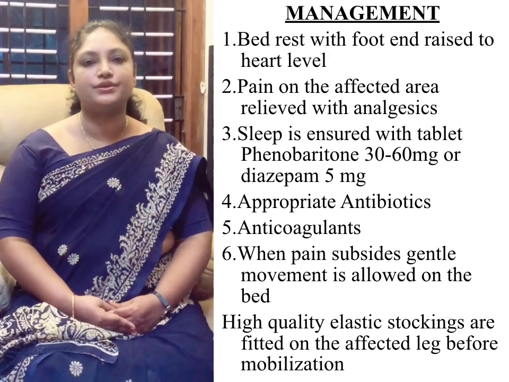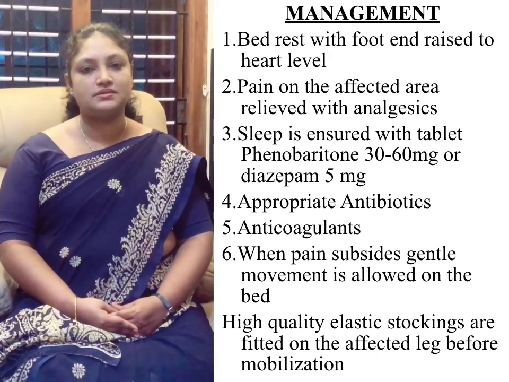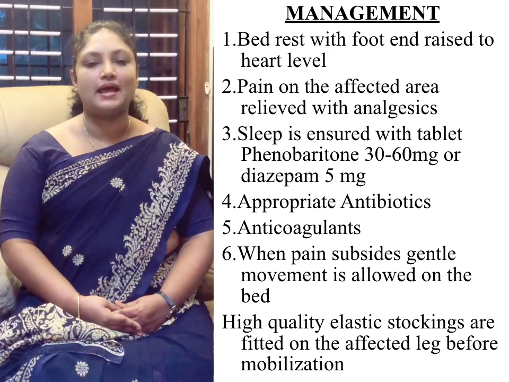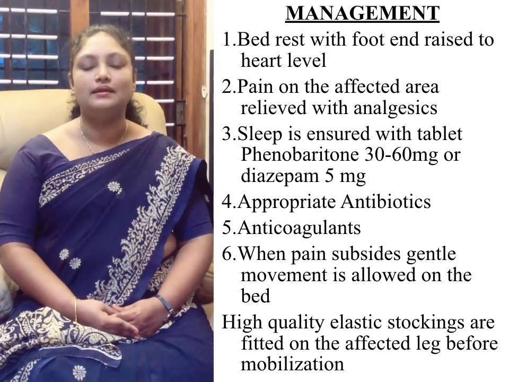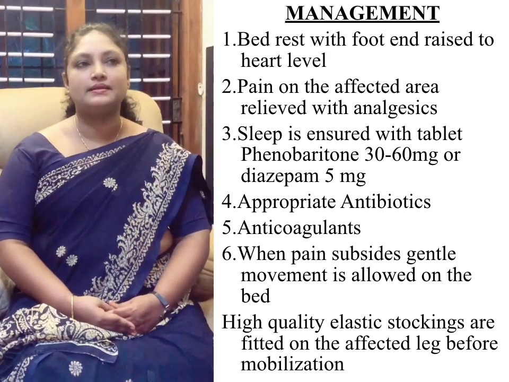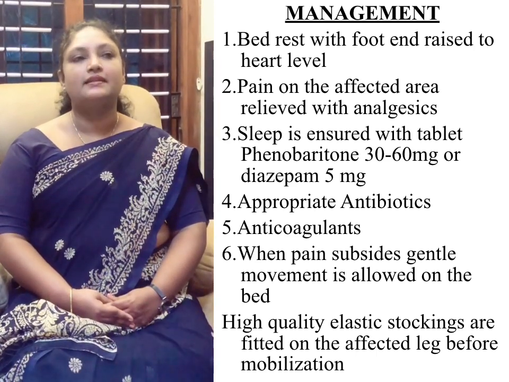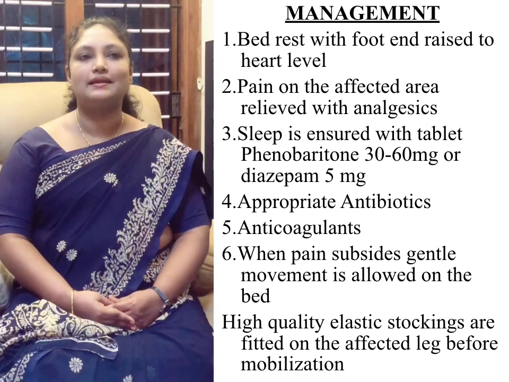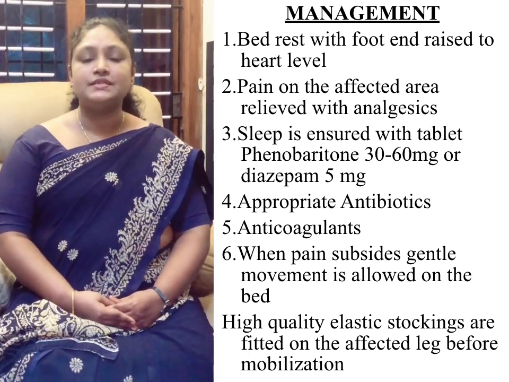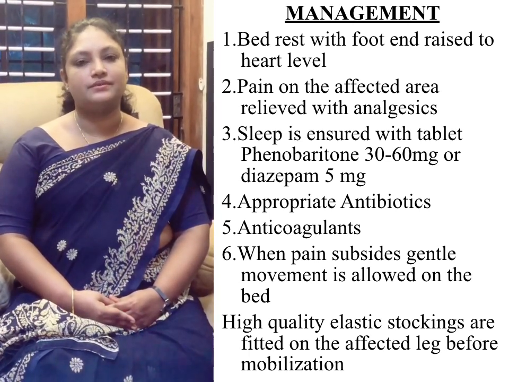Based on the condition of the patient, according to the doctor's advice, the proper antibiotic has to be administered at regular intervals with the proper dosage. The next one is anticoagulants. I have already discussed the anticoagulants. They are heparin, and later it will be switched to tablet form, that is warfarin.